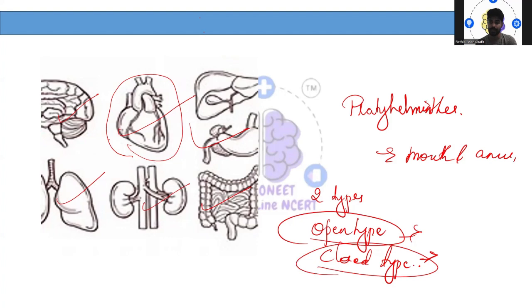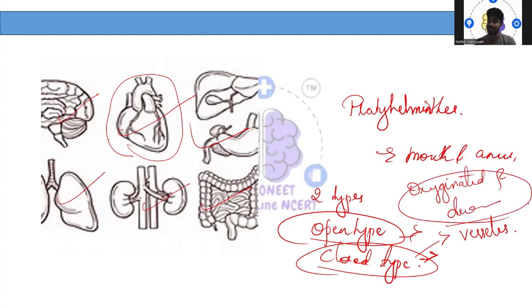In closed type of circulatory system, we actually have vessels, of specific diameters, through which the blood flows, oxygenated blood and deoxygenated blood.